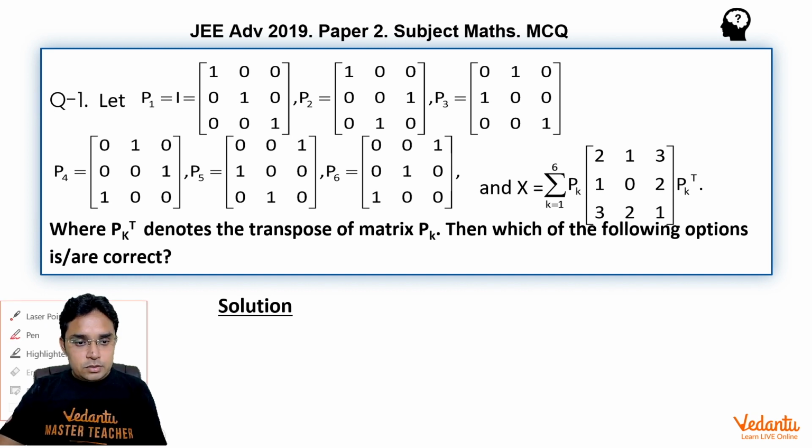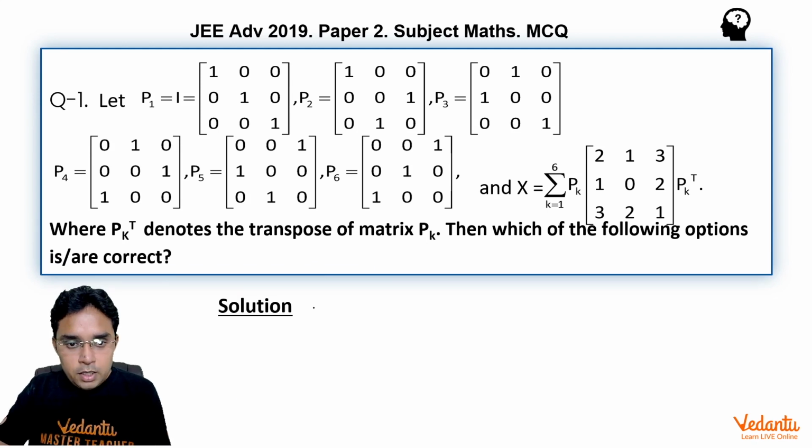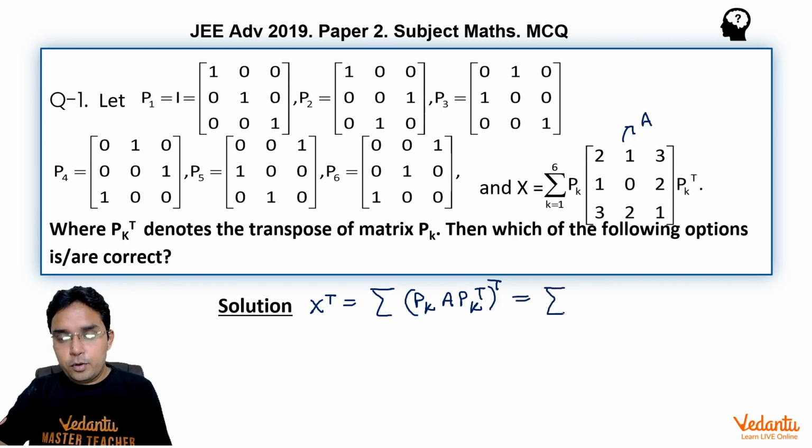First I will solve for the B part to find whether X is symmetric or not. So let us take X transpose and write this as Pk into A into Pk transpose, whole transpose. I am writing this matrix as A. Here, by the property of order reversal, when taking the transpose over a product of two or more matrices, this becomes Pk transpose transpose, A transpose, Pk transpose.